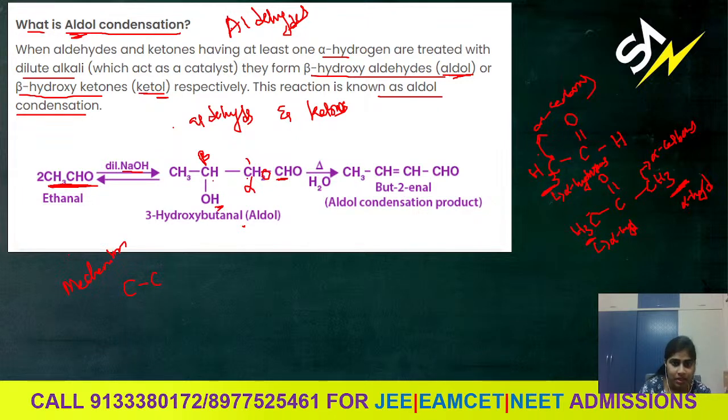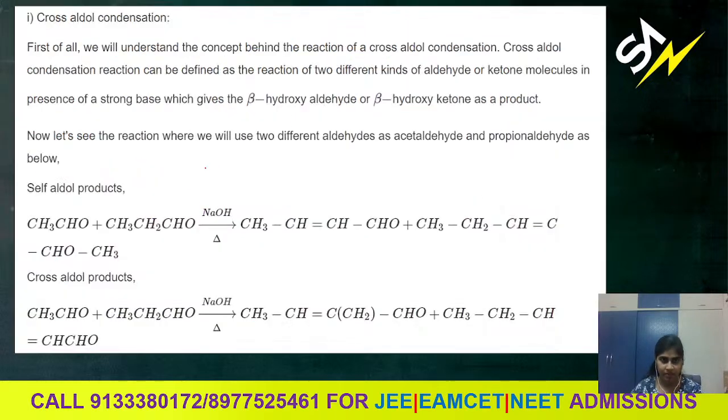How a new C-C bond is formed between 2 aldehydes, what are the steps involved, and how a new condensed product is formed after heating. So explain in this way when it is asked to write the mechanism. When it is asked for ketones also, write it in the same way, and the product is beta hydroxy ketone. This is about aldol condensation.